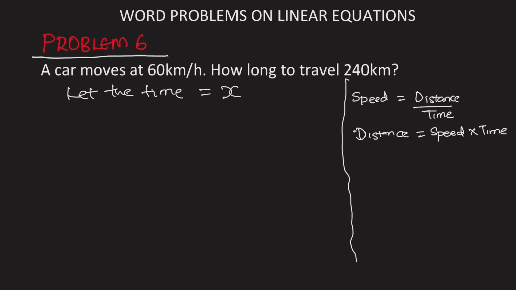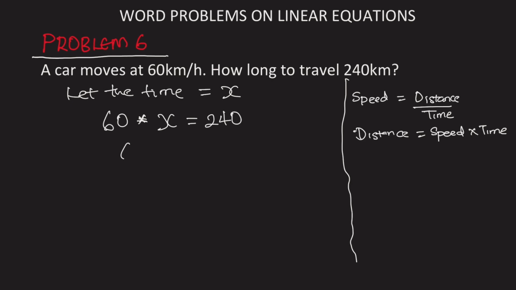Okay, so we know that the distance traveled is going to be the speed, so how fast you go per hour, multiplied by how many hours you go. So the car moves at a speed of 60 kilometers per hour. It travels for 240 kilometers. So that means 60 multiplied by the total hours it traveled, which we don't know, is going to be equal to 240 kilometers.